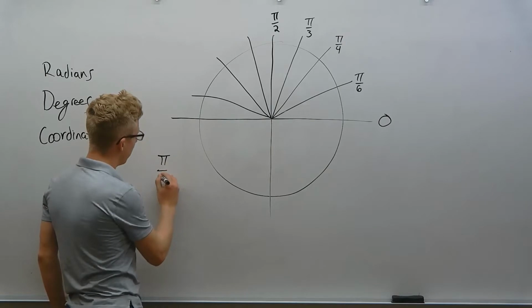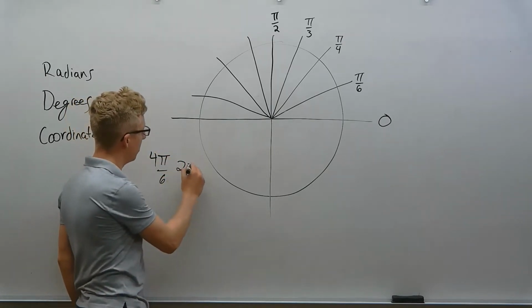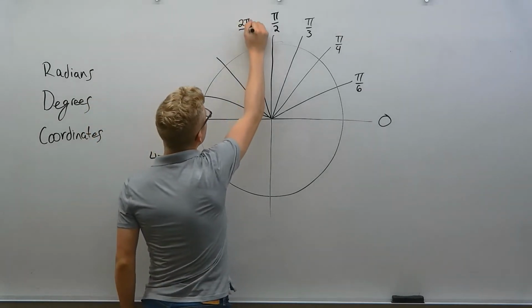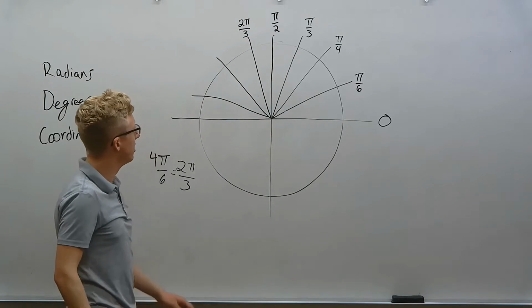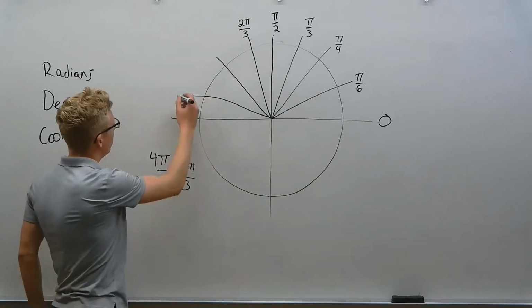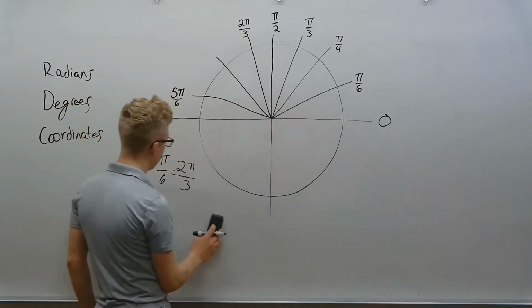Well, 4 pi sixths is the same as saying 2 pi thirds. So this is 2 pi thirds. Now coming down here is another sixth, which is going to be 5 pi sixths.